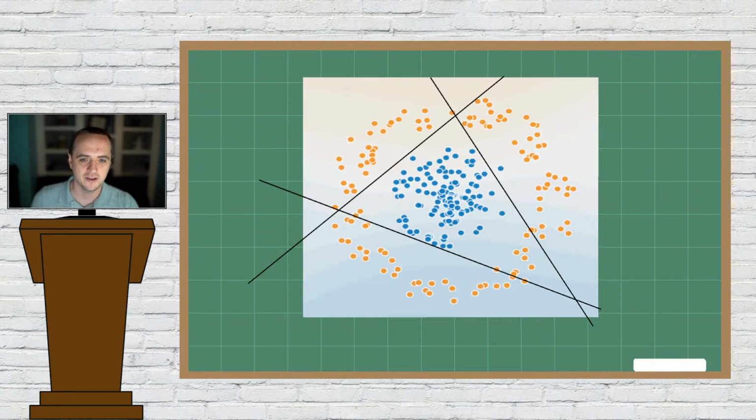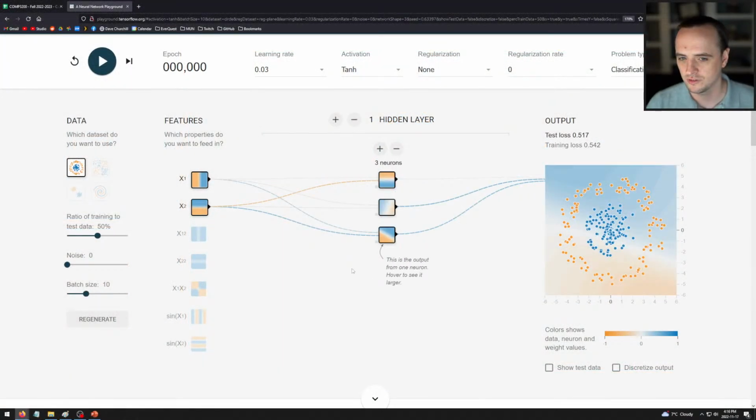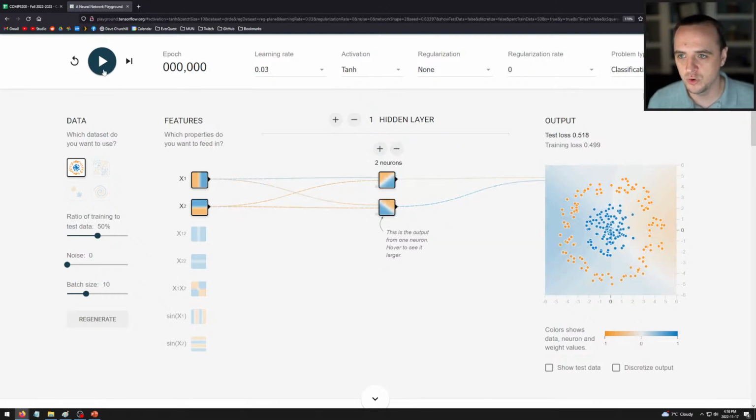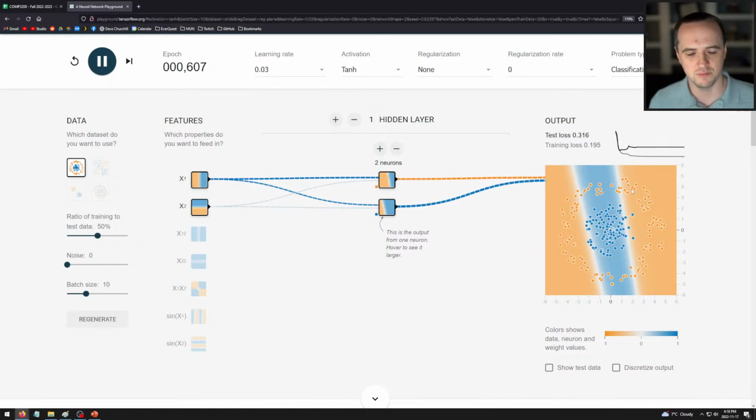So let's go back and we will add 2 neurons. So what this is doing now is it is going to try and find a set of 3 lines that can separate the blue points from the orange points. And just to show you with 2 lines, okay, what would it do with 2 lines? Well, it's kind of learning okay, but anything in between these 2 lines it's saying is blue, which is actually kind of accurate, but it's also getting some oranges in there.